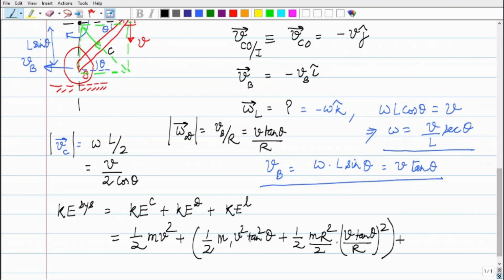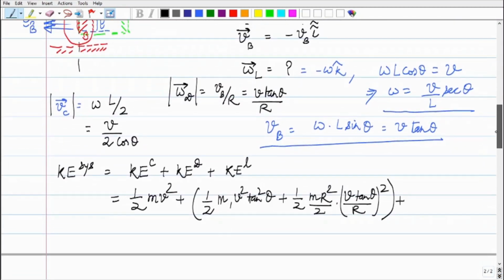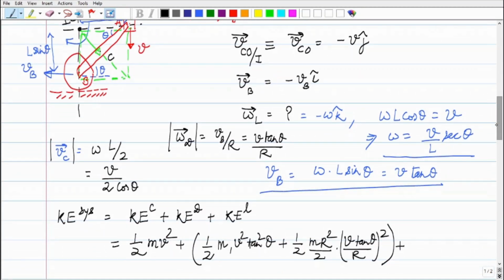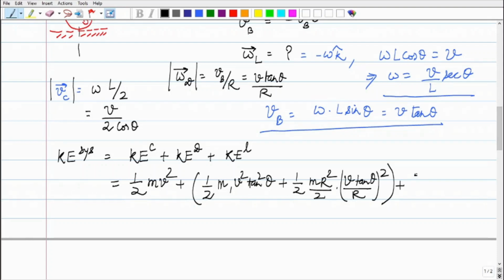Likewise, we have to write it for the link. Again, it has got translational kinetic energy and rotational kinetic energy. The translational kinetic energy is simply half m2 into velocity of the center of the link, which is VC, and that's V by 2 cos theta, so we have V squared by 4 cos squared theta, right?